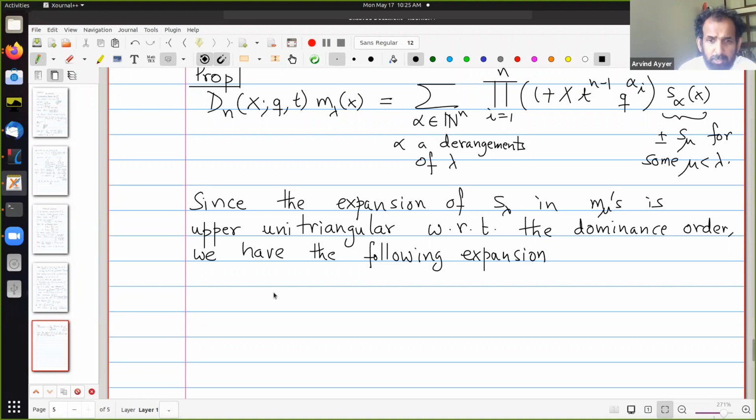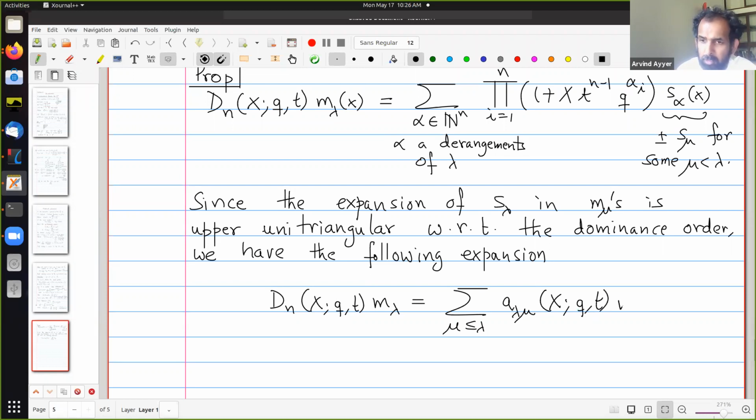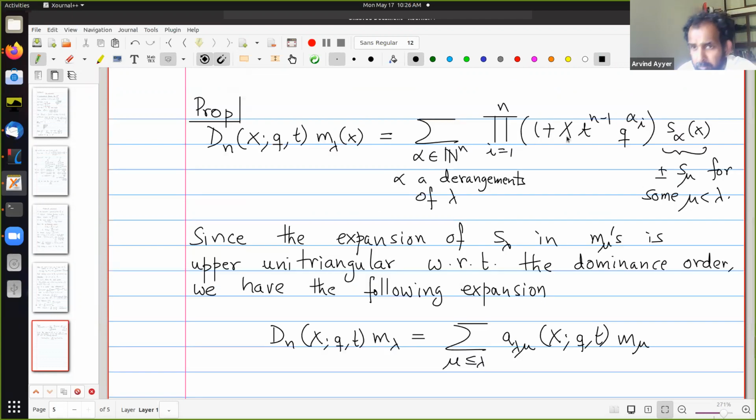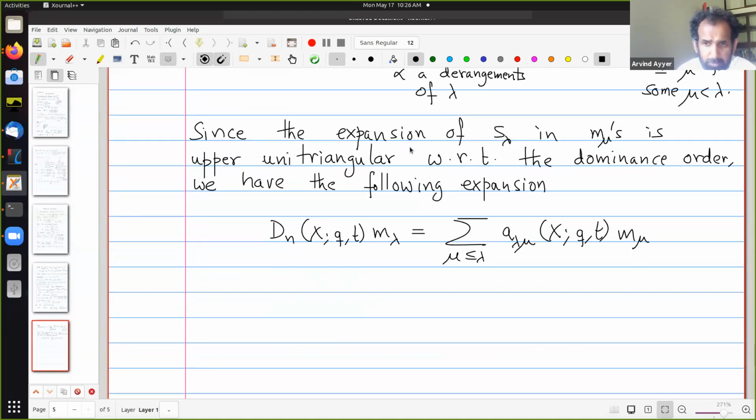So D_n(x;q,t) in terms of m_lambda is the sum over mu less than or equal to lambda of a_{lambda mu}(x;q,t) m_mu. By looking at this property, you can see that you are only going to get polynomials with integer coefficients in the expansion.